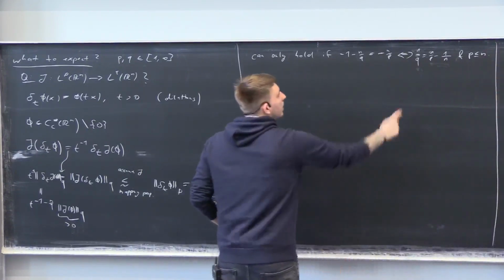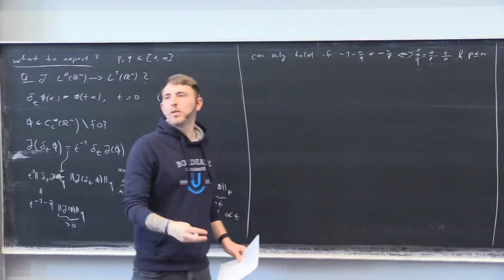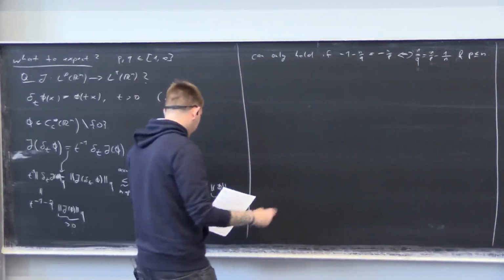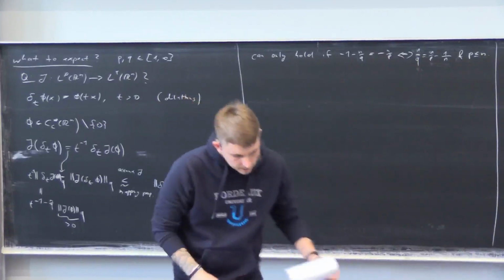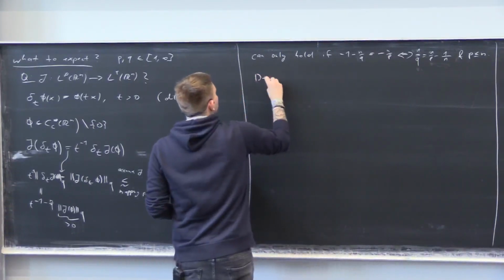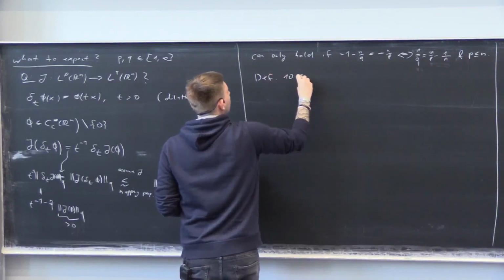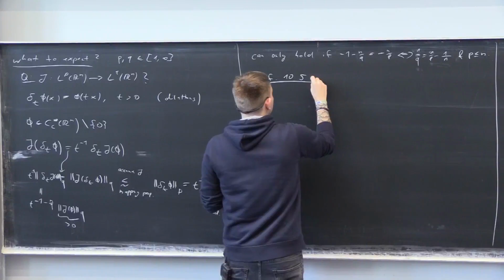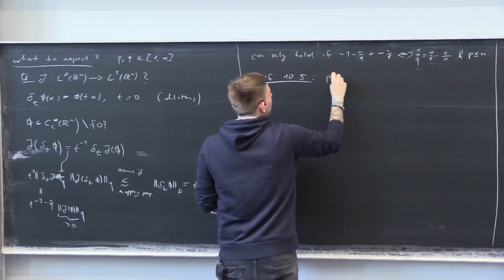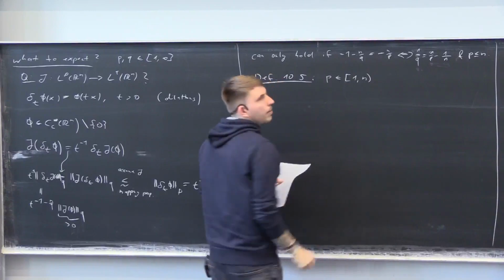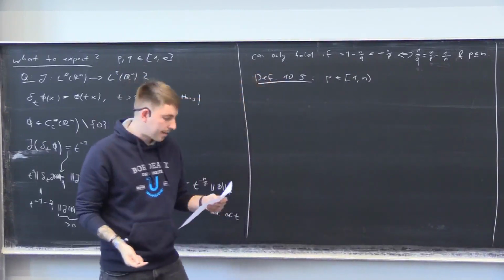Okay, and this number Q here has a special role, so we'll give it a special name. This is the content of Definition 10.5. So first we take P up to n, but n excluded.